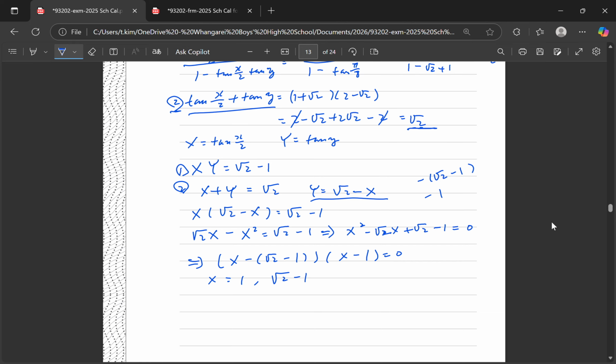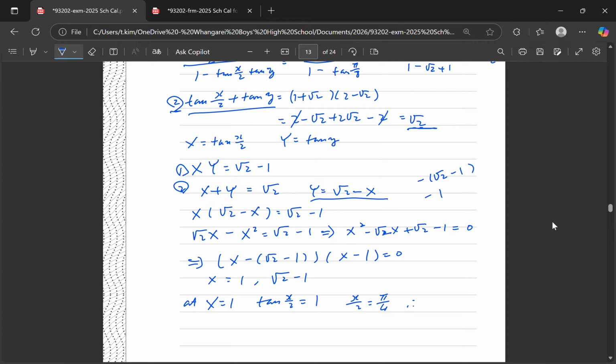So let's examine when X is 1, so at X equals 1, tan(x/2) equals 1. What does that mean? x/2 must be π/4, isn't it? Tan of π/4 is 1, right?